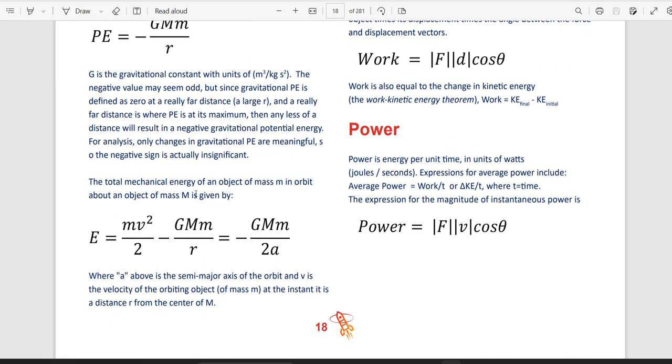Okay, so the total mechanical energy of an object of mass m in orbit about an object of mass large M is kinetic energy plus gravitational potential energy. And that can be shown to be equal to minus GMm over 2a, where a is the semi-major axis.